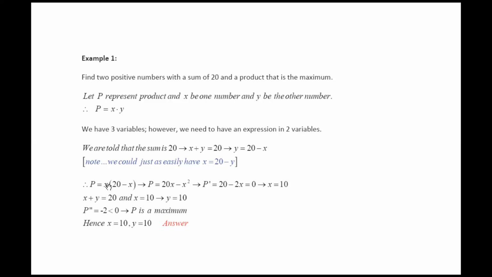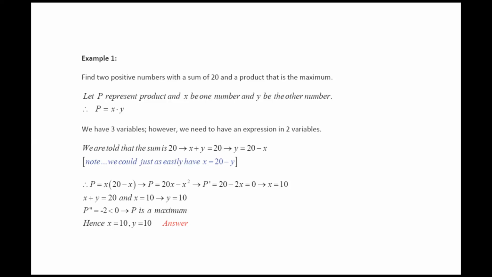It's much more cost effective to just use the distributive property and multiply by X and rewrite P as P is equal to 20X minus X squared. We find P prime to be 20 minus 2X. We want to find the critical number, so we need to find where the first derivative equals 0. So we set it equal to 0 and solve, and we get X is equal to 10.